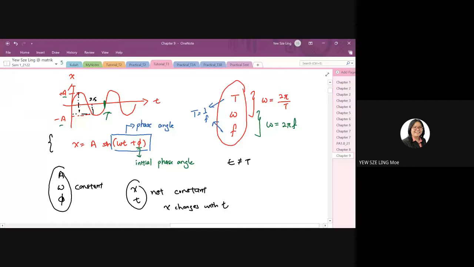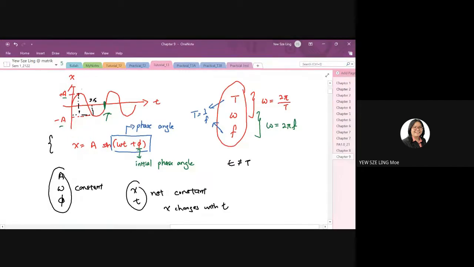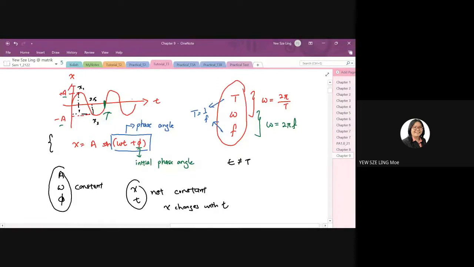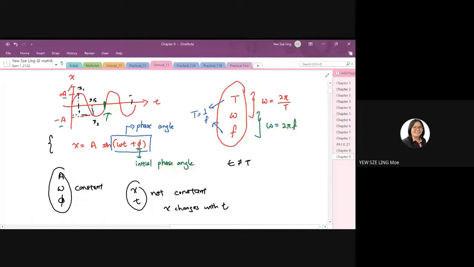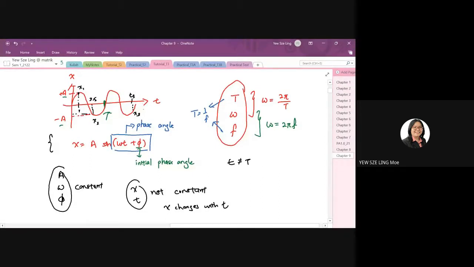At different times, you will have different x. So this is your x1, this is your x2. If you have a time located here, this is your t3, then you will have x3. So displacement changes with time. Therefore, you don't know what the value is. So when you construct the equation, you leave x and small letter t as unknowns.